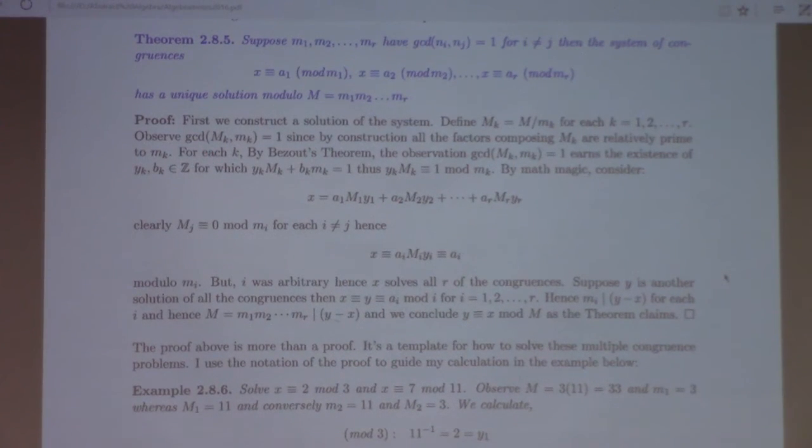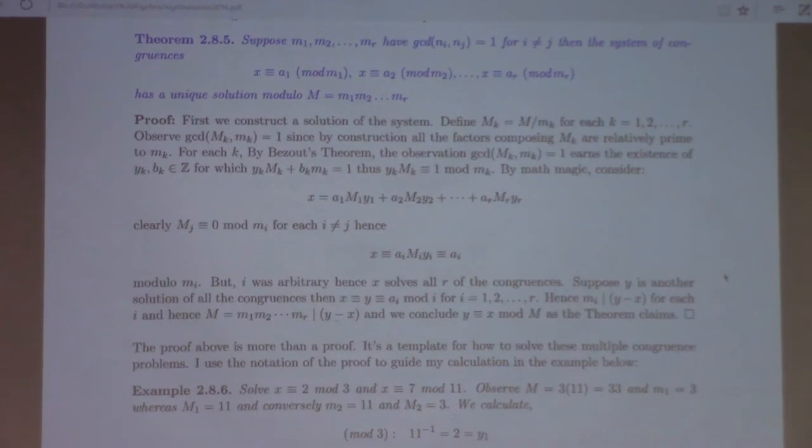Right? For example, it's helpful to have a specific number. So if m sub 1 is 2, m sub 2 is 7, and m sub 3 is 11, then big M would be 14 times 11, which is 154.